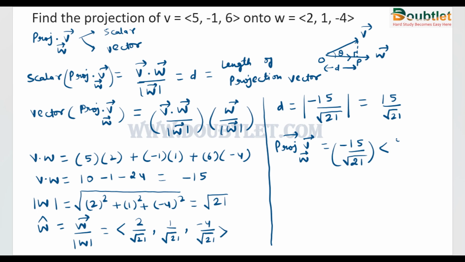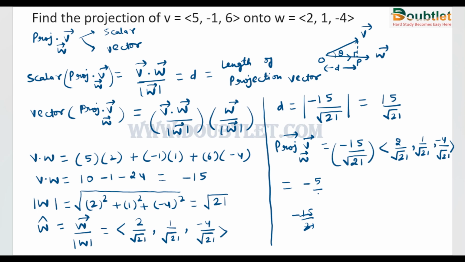So it will become 2 by root 21, 1 by root 21, and minus 4 by root 21. Multiplying by root 21, it will become minus 15 by 21, and if we cancel out, this will become minus 5 by 7.